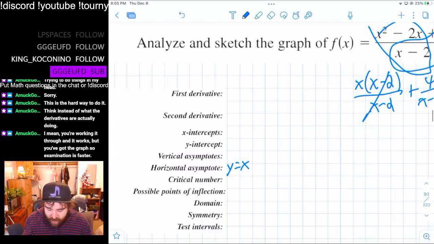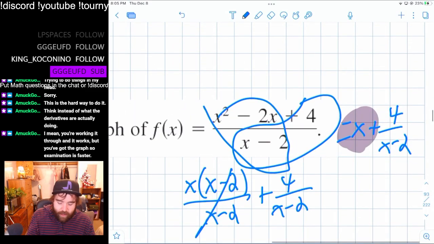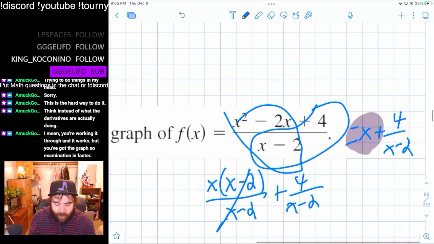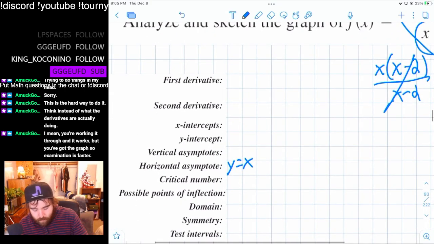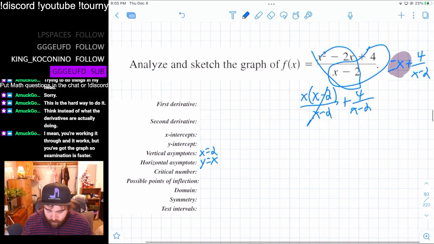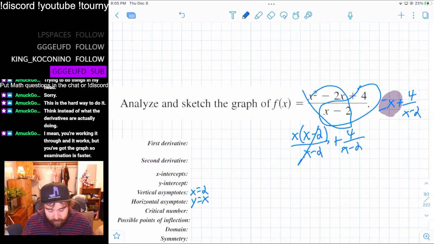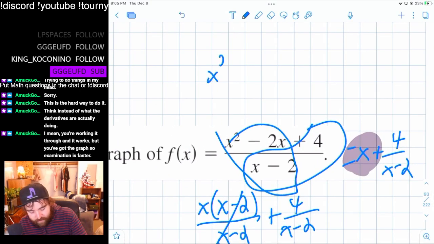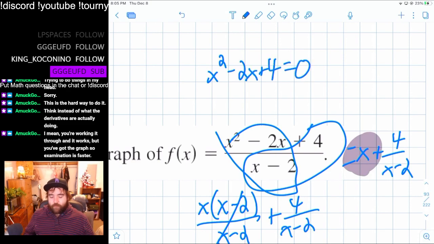And then while we're down there, vertical asymptote. We still have this fraction, and it's going to be the same as we can see from here. Just when the bottom of the fraction equals 0, that's x equals 2. Then x-intercept: we set the entire thing equal to 0. That's easier with the first. We've got to say when the top of it equals 0.